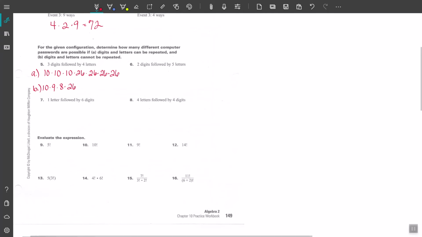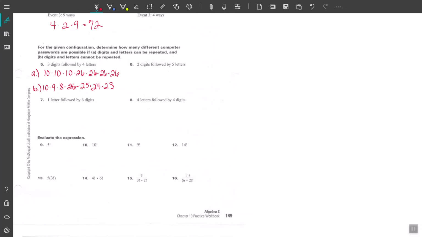So for the first letter we can pick from any of the 26, but for the second letter we only have 25 options. After that, we only have 24 options because we can't repeat. And for the final and fourth letter, we only have 23 possibilities.